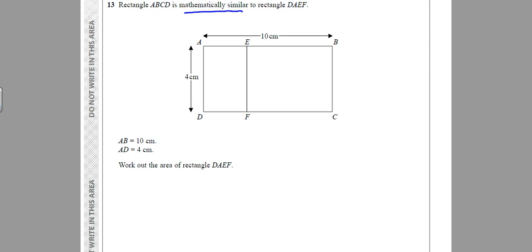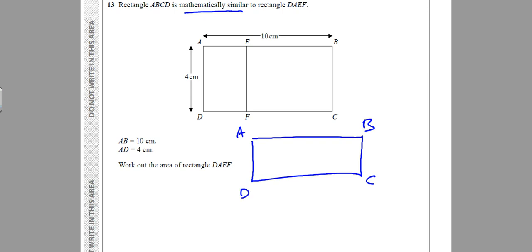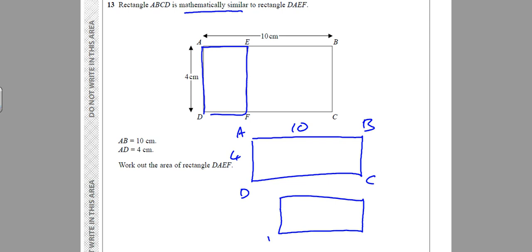So ABCD, with dimensions 10 by 4, is mathematically similar to DAEF, so obviously on its side. DAEF. And obviously that one has got 4 centimeters.